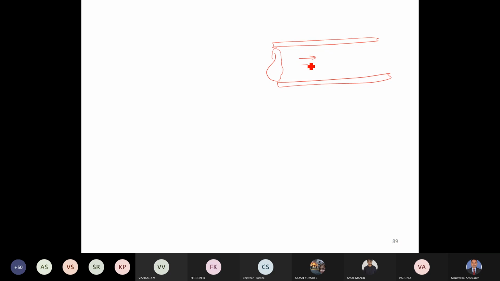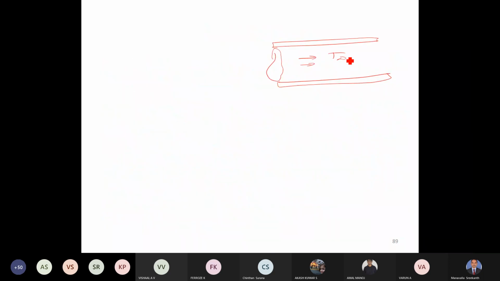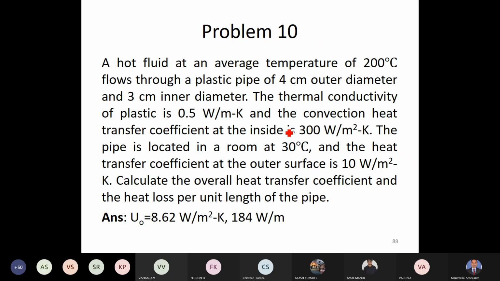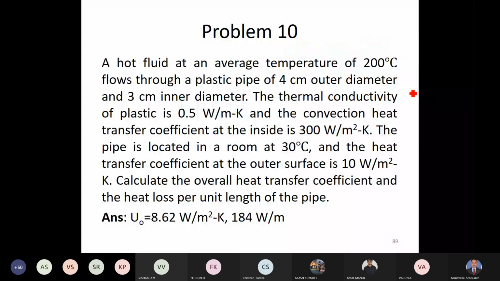We are given the fluid temperature, 200 degrees Celsius. We're also given the heat transfer coefficient on the inside, h_i, which is 300 watt per meter square Kelvin.